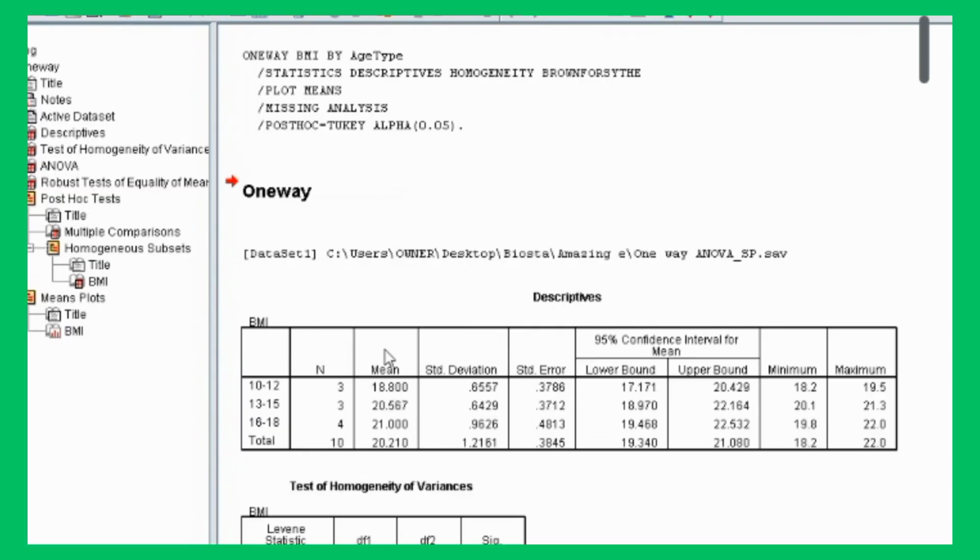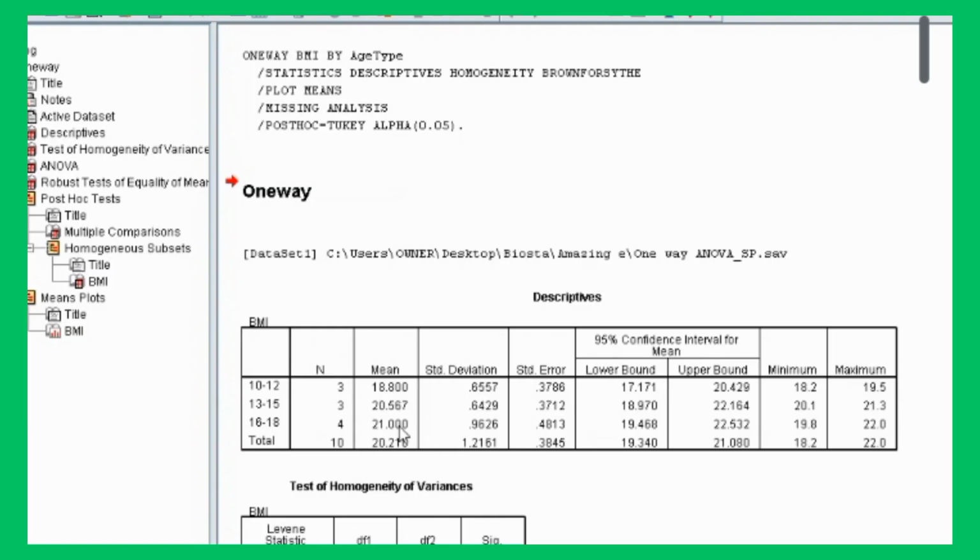For the first group, 10 to 12, the BMI mean was 18.800. For 13 to 15, we have 20.567. For 16 to 18, we have 21.000.